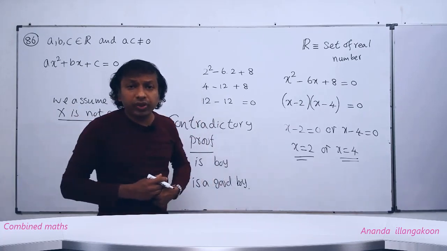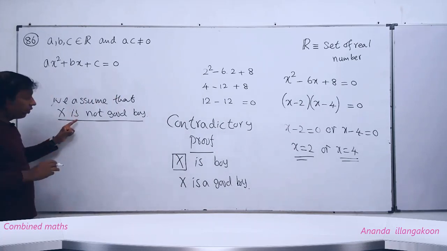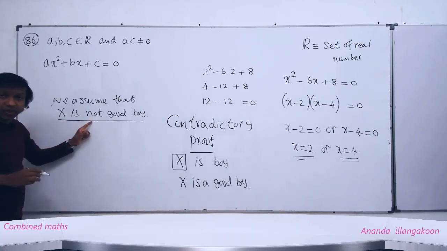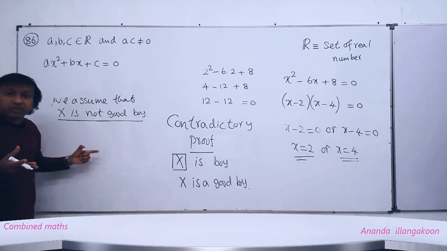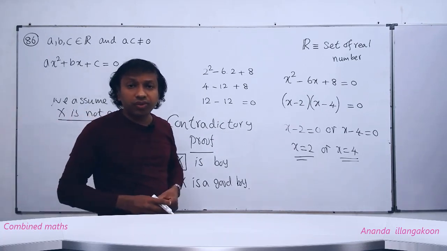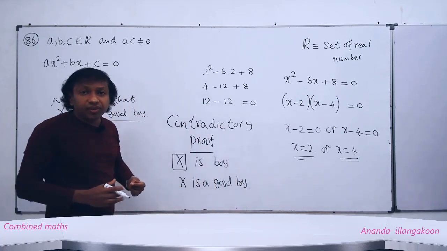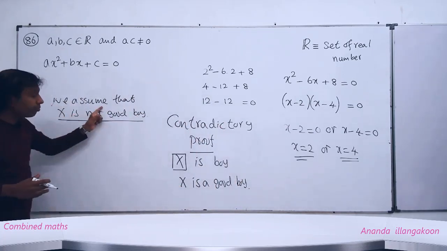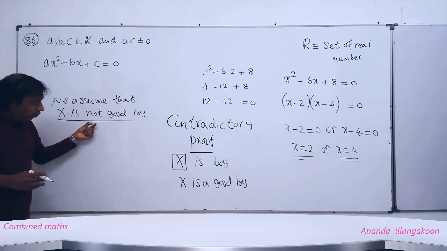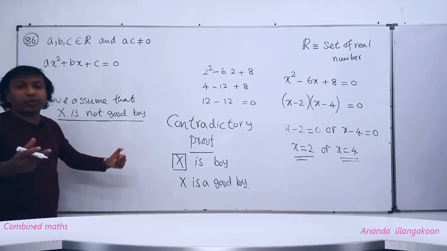People, even though we assume these things, subject to this assumption, when you develop the statements, every statement goes wrong. Not true. Based on this assumption, when we develop something, everything goes wrong.